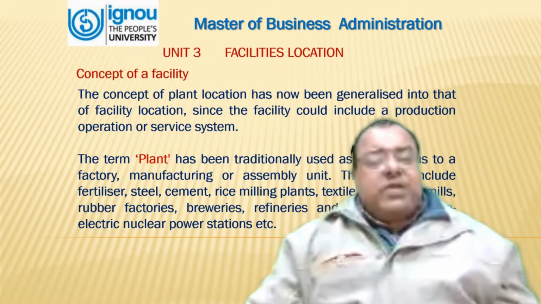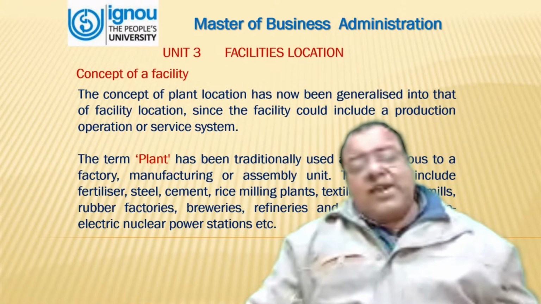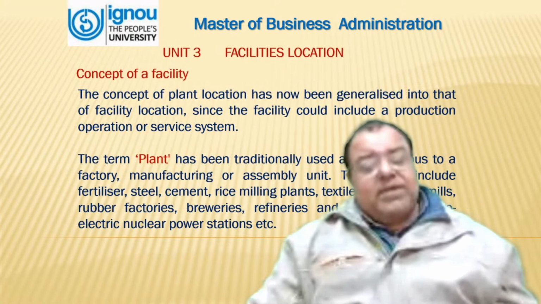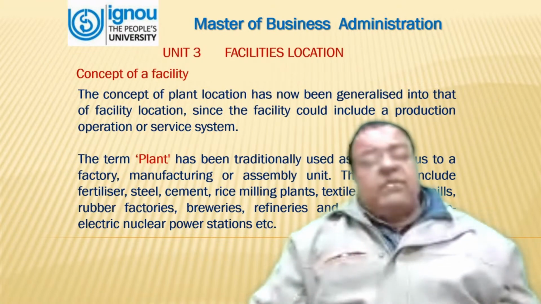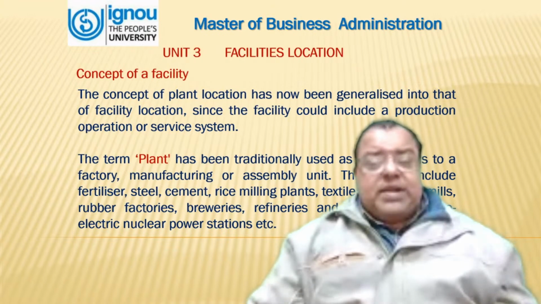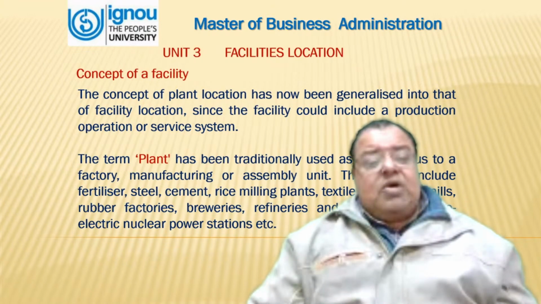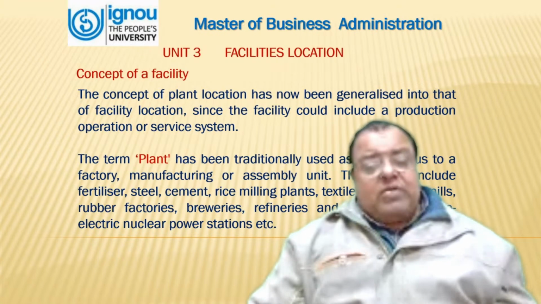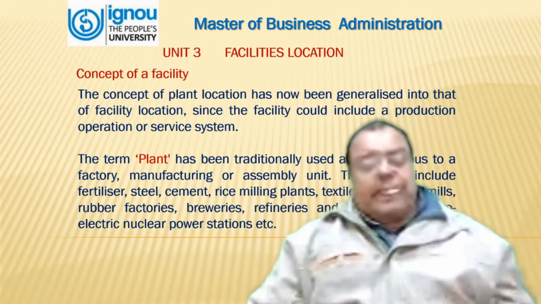Now, we move on to unit 3, which is related to facilities location. What is the concept of a facility? The concept of plant location has been generalized into that of facility location, since the facility could include a production, operation, or service system.